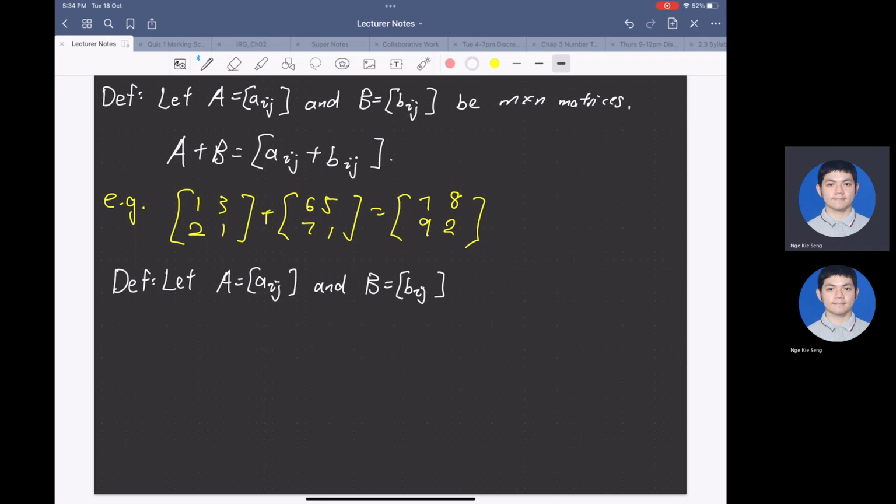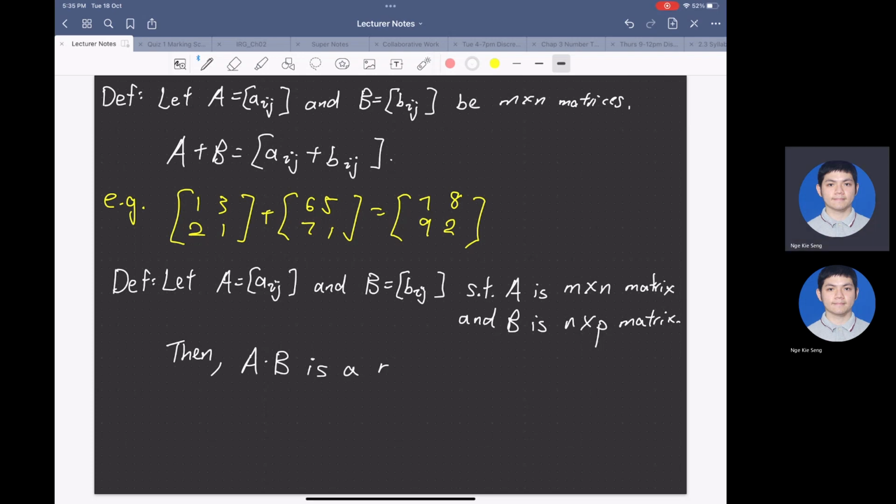Let A be an m by n matrix and B be an n by p matrix. Then A dot B is an m by p matrix.